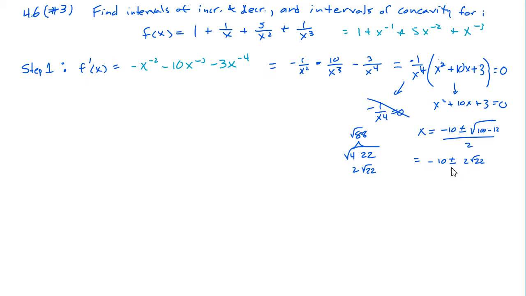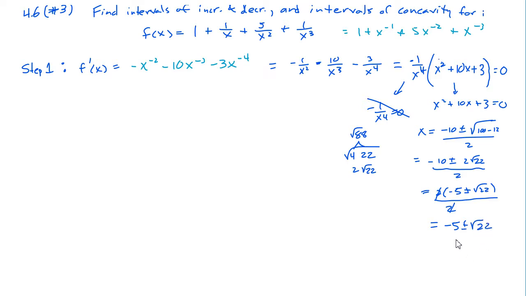And so this is going to be 2 times negative 5 plus or minus root 22, over 2. And we're going to kill those 2's. Okay, so I've got negative 5 plus or minus root 22.